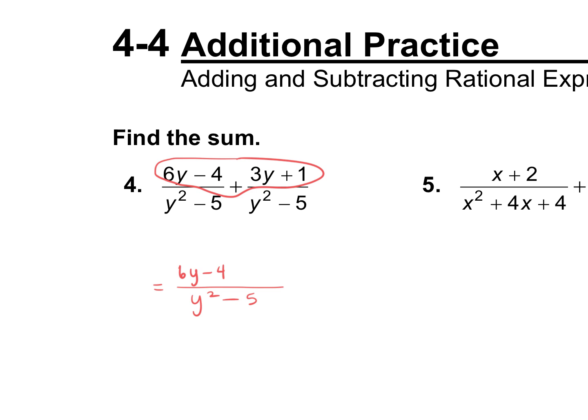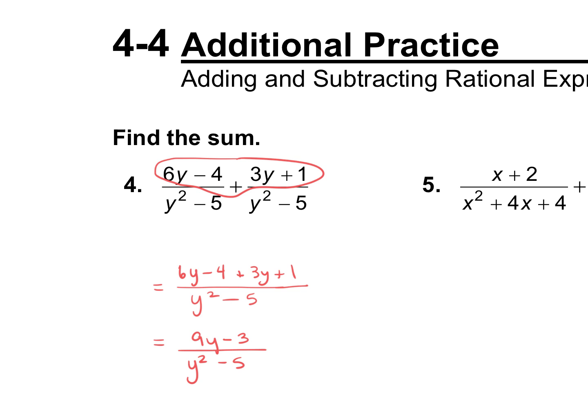So there's my 6y minus 4 plus the 3y plus 1. We want to see if we have any like terms we can combine in the numerator. The 6y plus the 3y would give us 9y. Negative 4 plus 1 is minus 3, all over y squared minus 5.